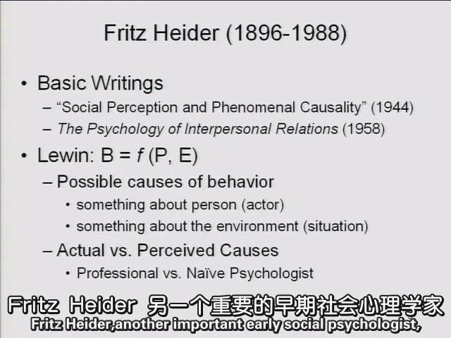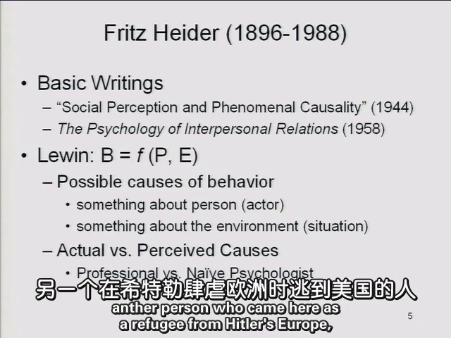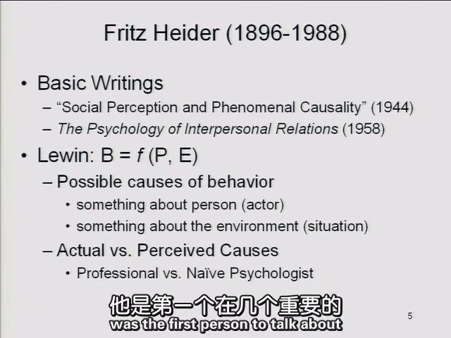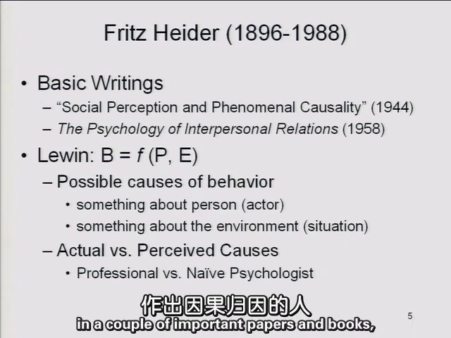Fritz Heider, another important early social psychologist, another like Lewin, like Asch, another person who came here as a refugee from Hitler's Europe, was the first person to talk about how people make causal attributions in the social domain in a couple of important papers and books.